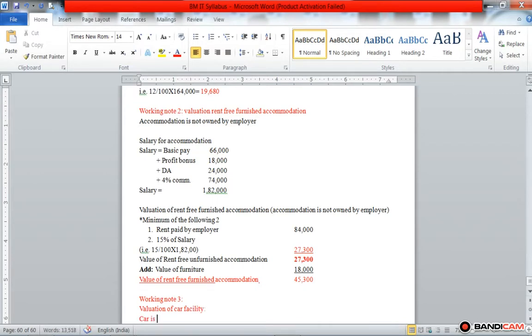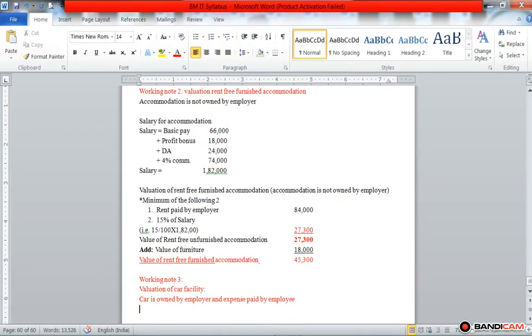So the car is owned by the employer, and expenses are paid by the employer. Then the next point: the car is used for both official as well as private purposes. Then the next one is the car's cubic capacity, which is above 1.6 cc, that is 1.8 cc.